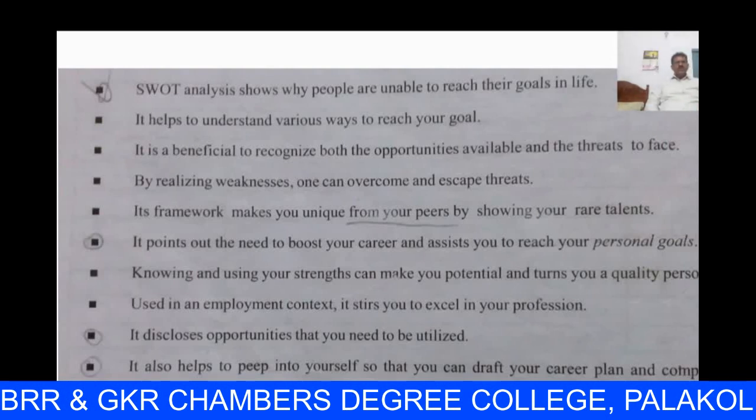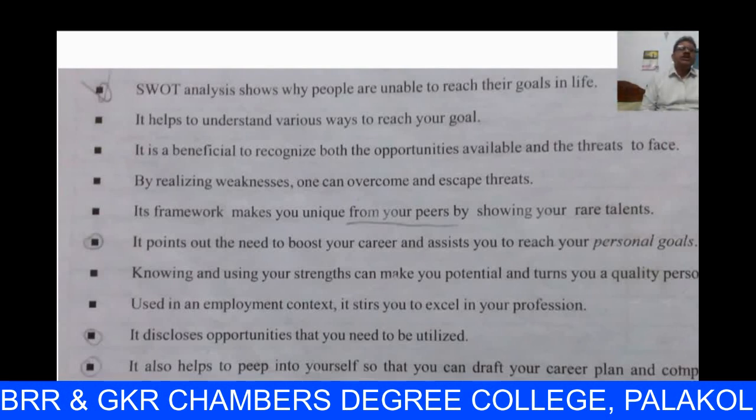But if you know SWOT or SWOC, you can reach your goals easily. That is one of the greatest advantages of knowing SWOT and SWOC analysis. It helps to understand various ways to reach your goal, especially for students.